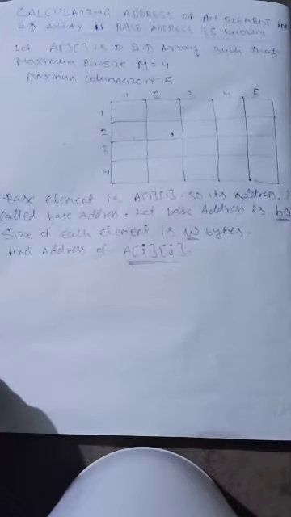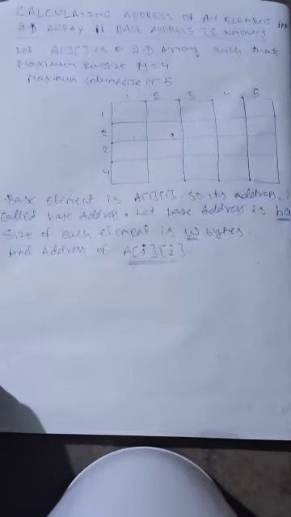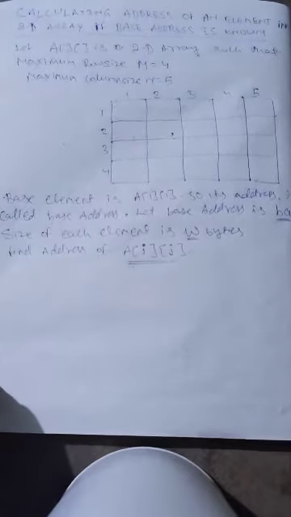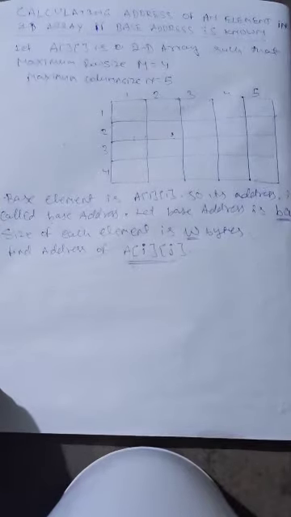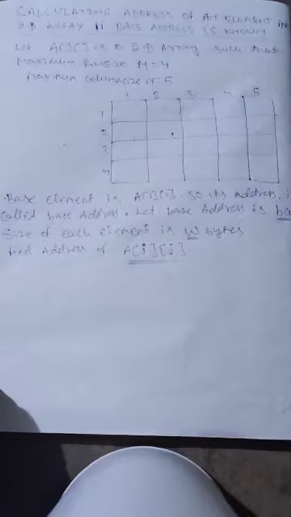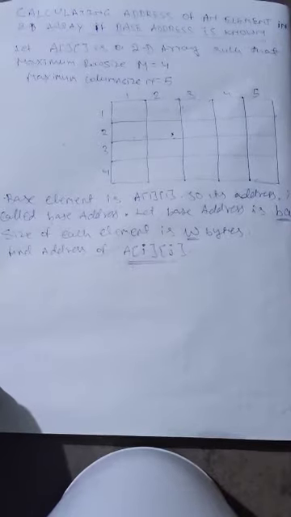We discussed that there are two techniques of implementing a 2D array in memory. One is the row major addressing technique. The second one is the column major addressing technique. Today we will extend that topic: if the base address is known, how can we calculate the address of a particular element?